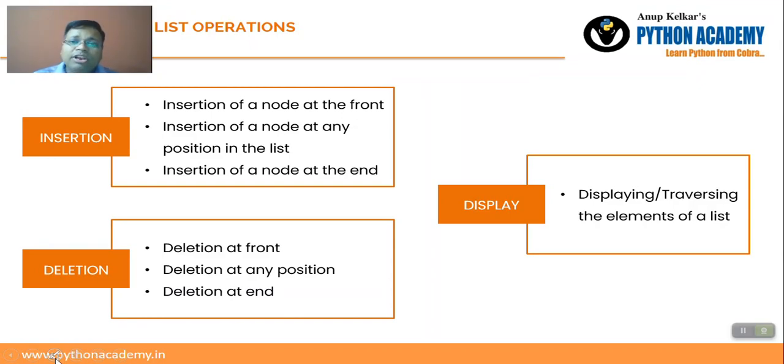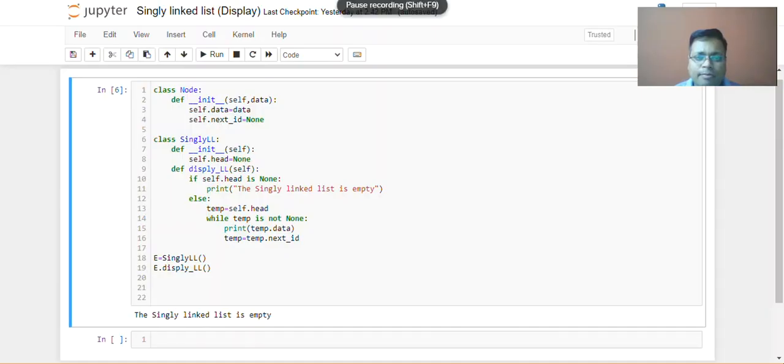Now let us focus on how we can write code for a singly linked list in Python. So let's move on to the coding part. Before initiating, an important thing I want to bring to your notice is that you must have knowledge about classes and object oriented programming for this.